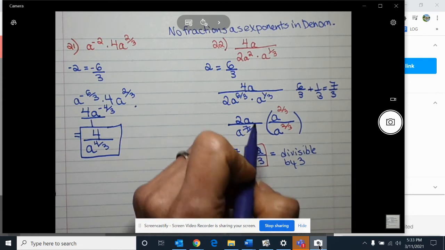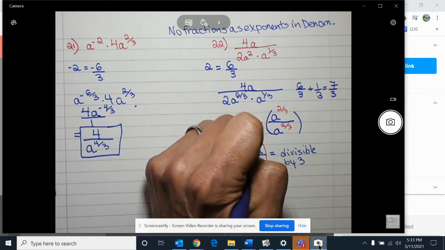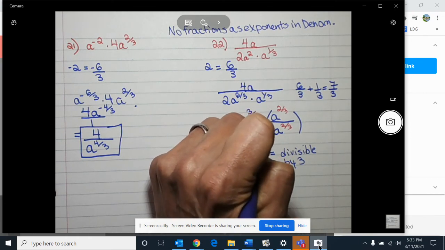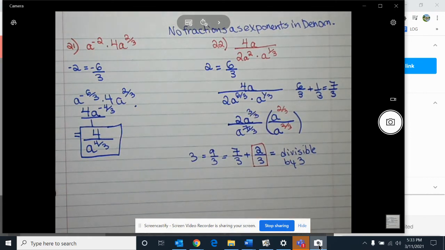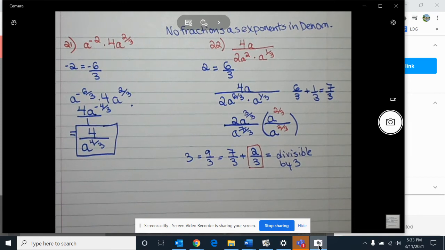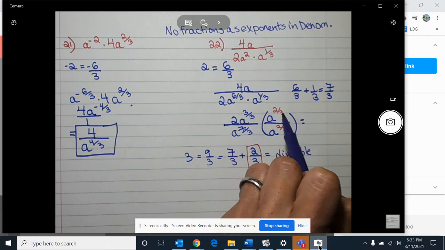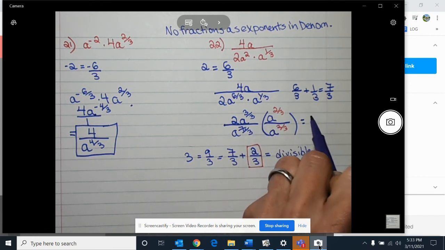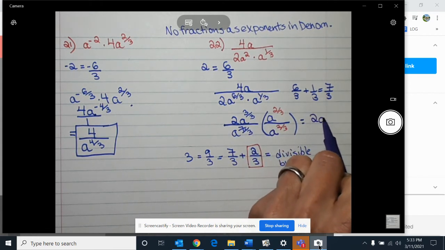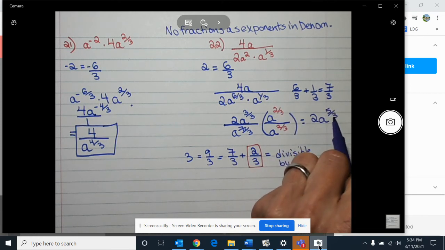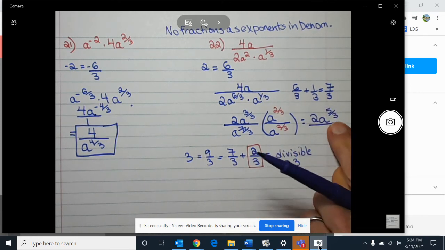And when this simplifies, remember this is a to the first, so we have 3/3 for this one. Combine all of your fractions in the numerator, and we have 2a to the 5/3 power. Remember, that is okay.